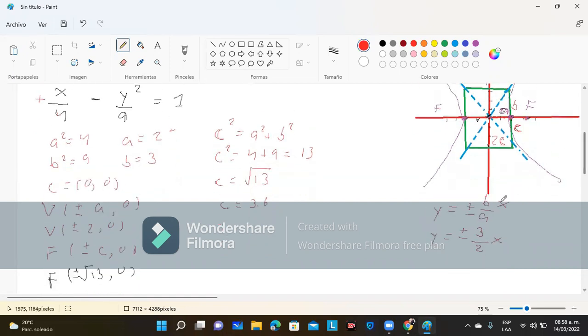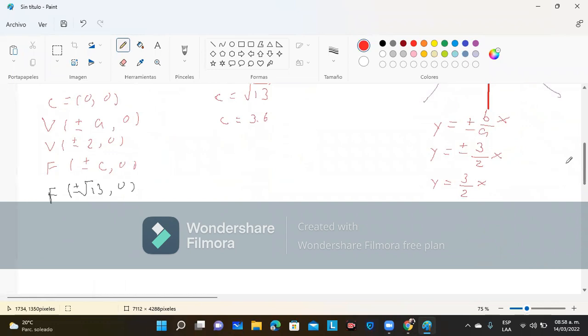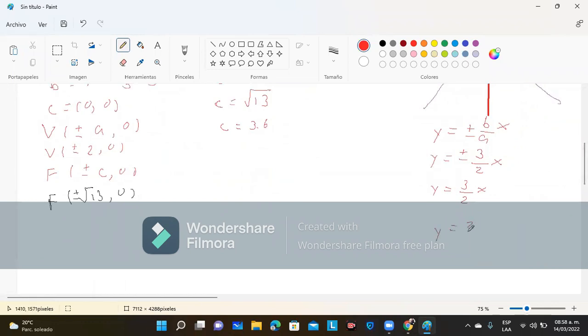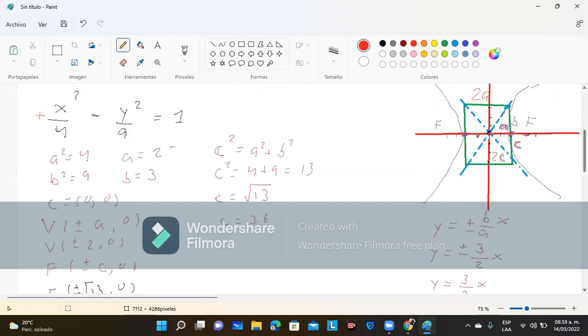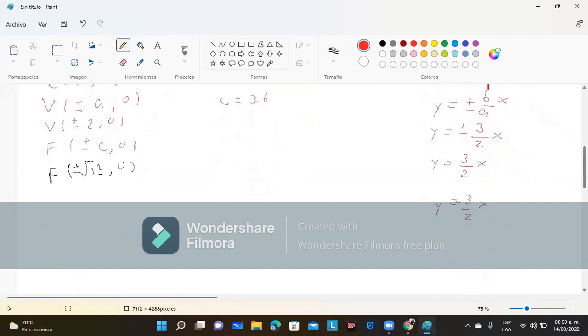And this makes sense because, as you can see, we are going to have two lines, one that goes to the right, that is going to have a positive slope, that is going to be y equals to 3 over 2 times x, and we are going to have y equals to negative 3 over 2 times x, but this slope is negative because, as we can see here, one goes to the left and the other one goes to the right. Okay, so this is going to be the slope of this equation.